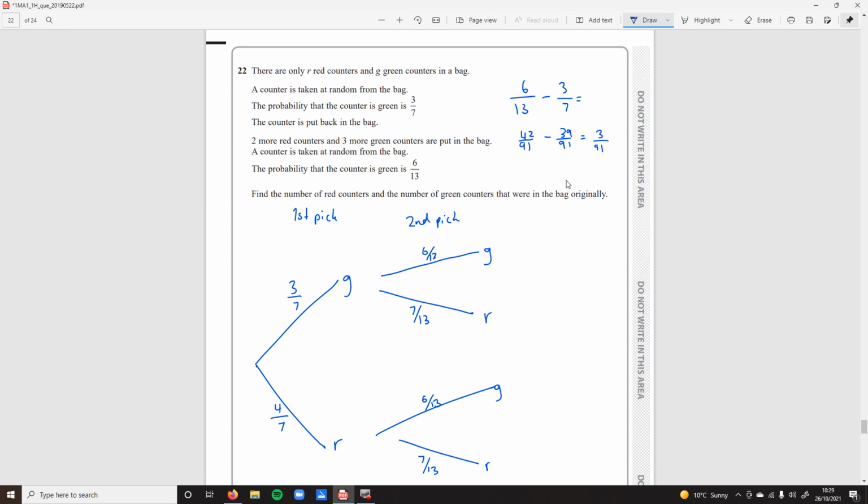Three over 91, that would make sense, wouldn't it? Adding those 3 counters is 3 over 91. So 3 more green counters.